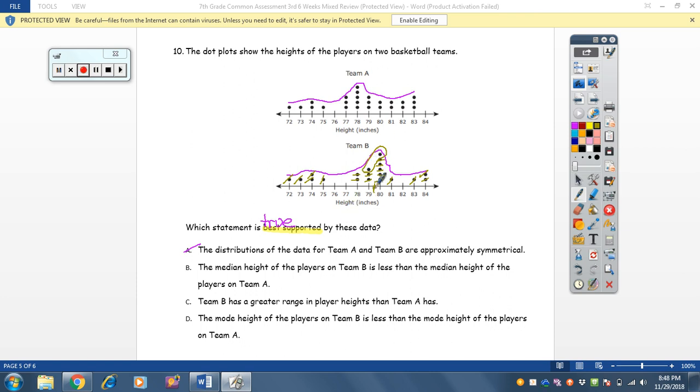So my median is in between 79 and 80. Then you have to find the median for Team A. Go ahead and cross those off back and forth until you find the median for that. So the median for Team B, which is 79.5, is less than the height of the median for Team A. Make sure you write the number, the median for Team A. Is it true that Team B is less? Nope.